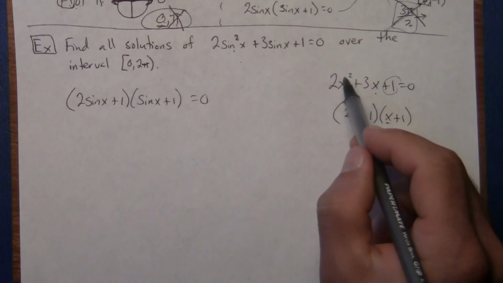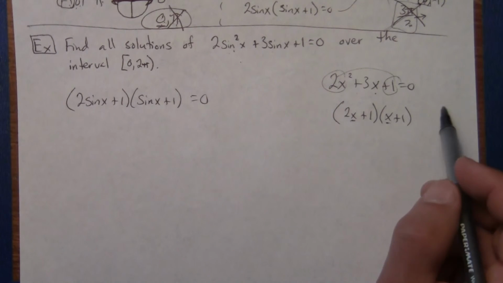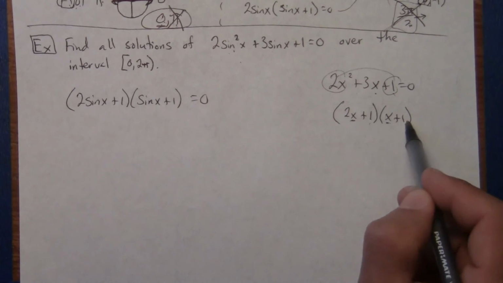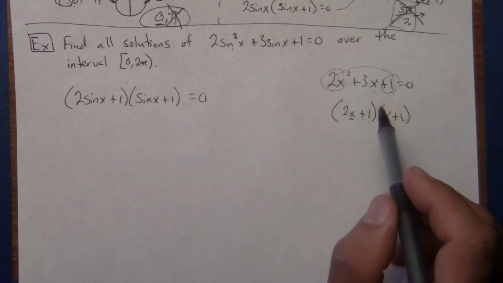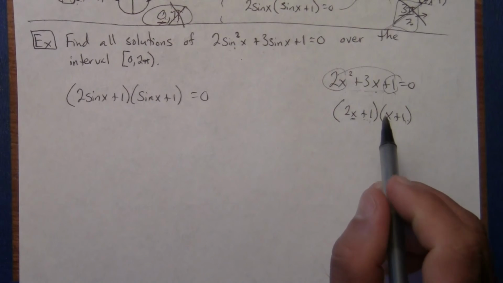And again, you can do the little thing that we say where you multiply the front and back, or do the earmuff method. I didn't actually show it. I know what the factors are. There's not that many factors of 1, so this has either got to be 1 or negative 1. Not many factors of 2, so it was easy to guess and check it. But usually when you're doing this, I would suggest that you show the earmuff method.